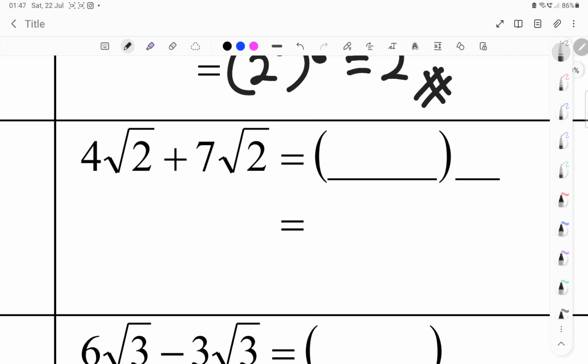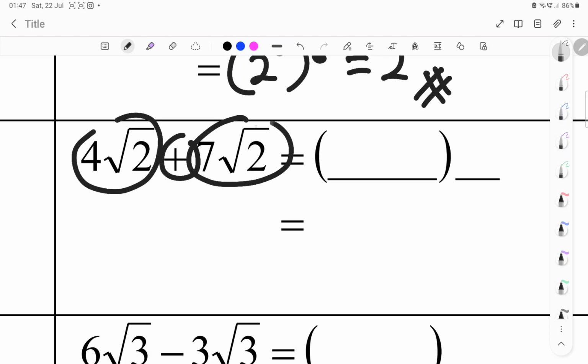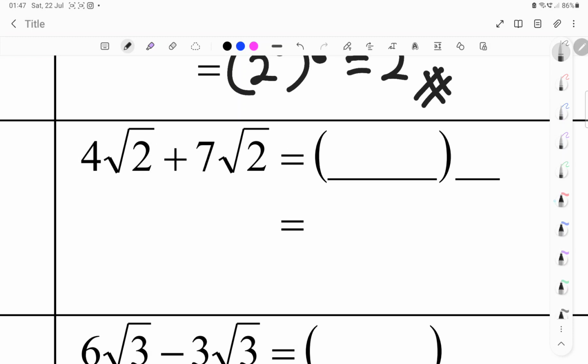So what happened? We have 4 square root of 2 plus 7 square root of 2. As you can see here, we have the same surd at the back, right? So we can factorize them and put them outside like this. And then we write the remaining numbers inside a bracket like this.